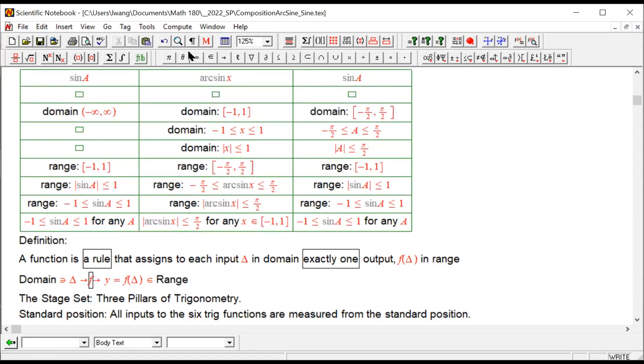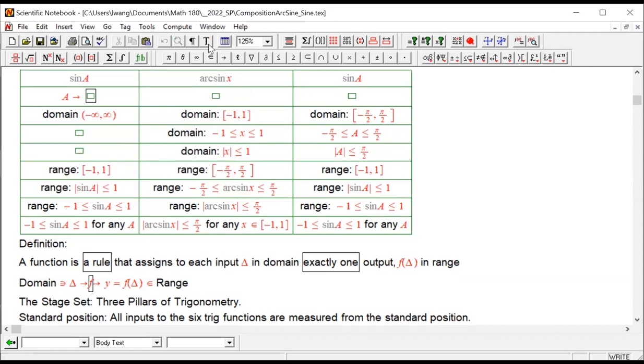Sine is a function that takes input, which are angles, and produces the sine ratio. And the sine ratio on the unit circle is going to be y, or y over r. So it is a ratio.